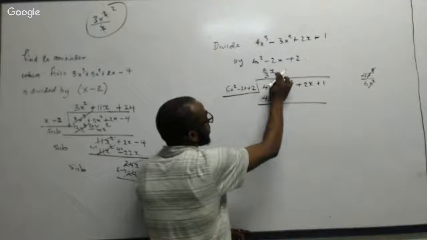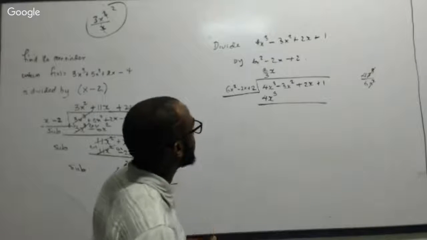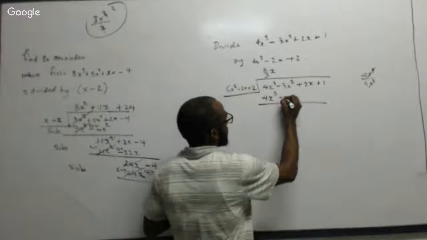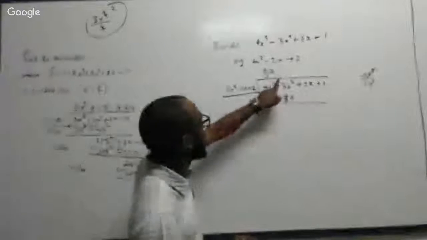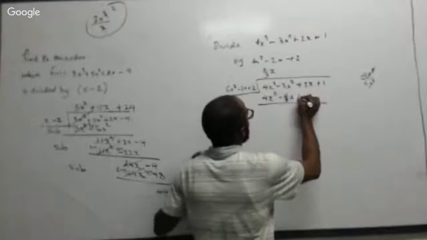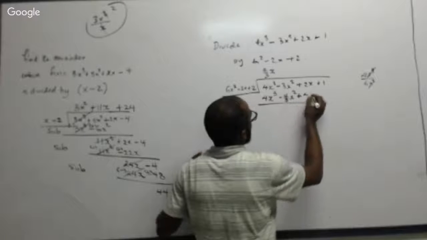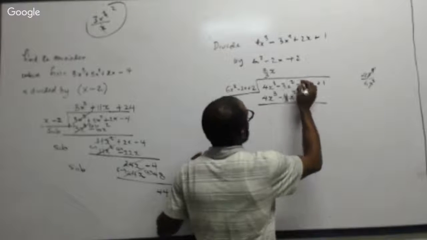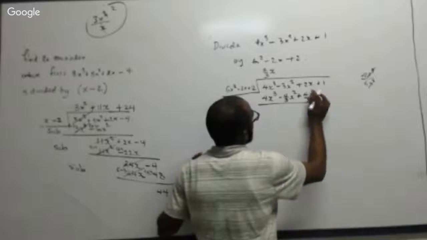And then 2/3 x times minus 2 is minus 4/3 x. And 2/3 x times positive 2 is positive 4... oh, this is squared. And then 4 upon 3 x.